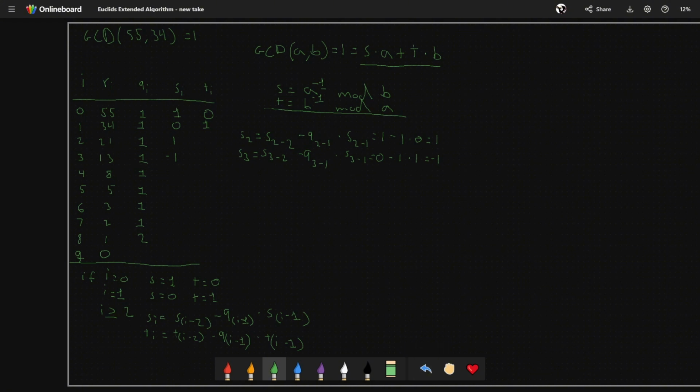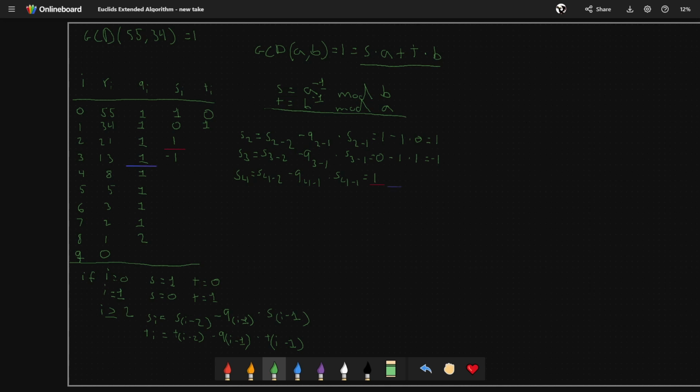So let's go to S4. At S4, we have S4 minus 2 minus Q4 minus 1 multiplied by S4 minus 1, which is equal to: S4 minus 2 is equal to S2. We found that to be 1. Q4 minus 1 is equal to Q3.